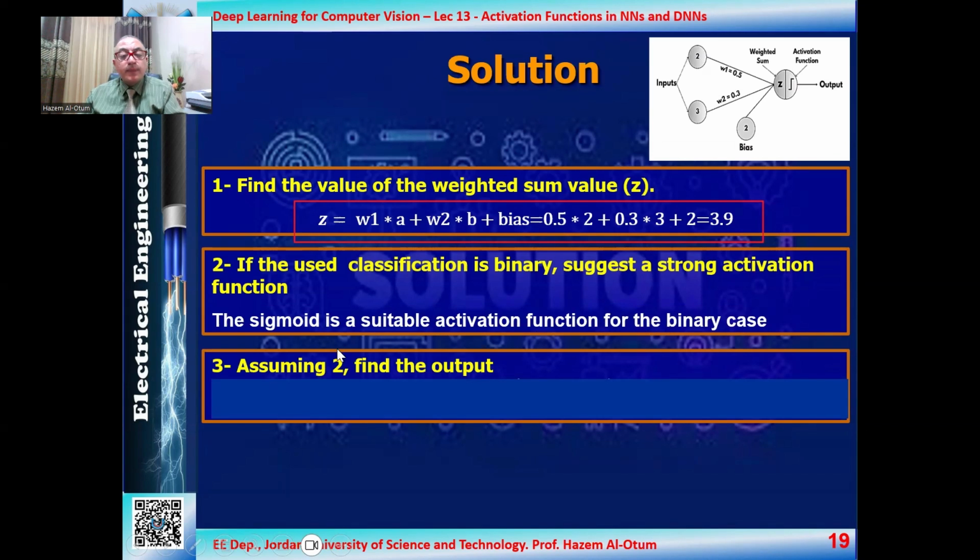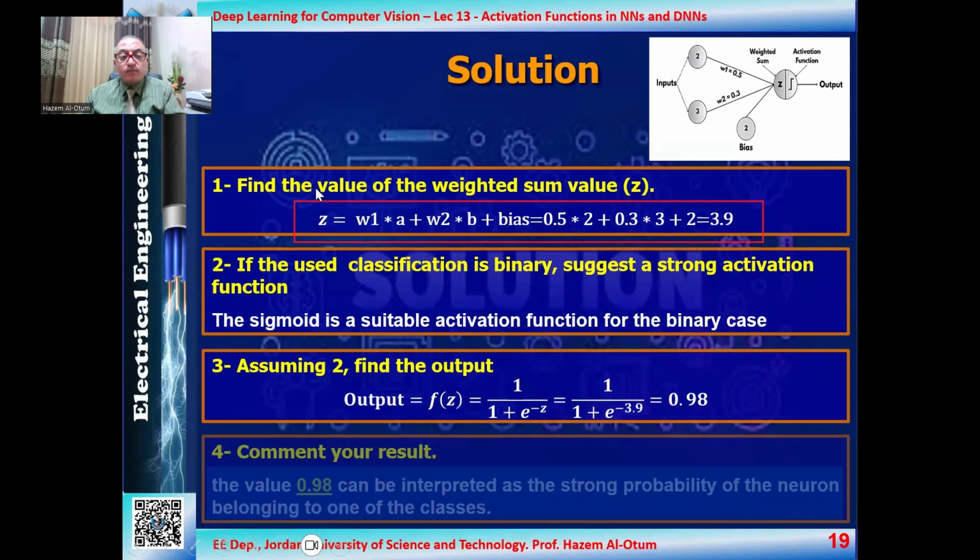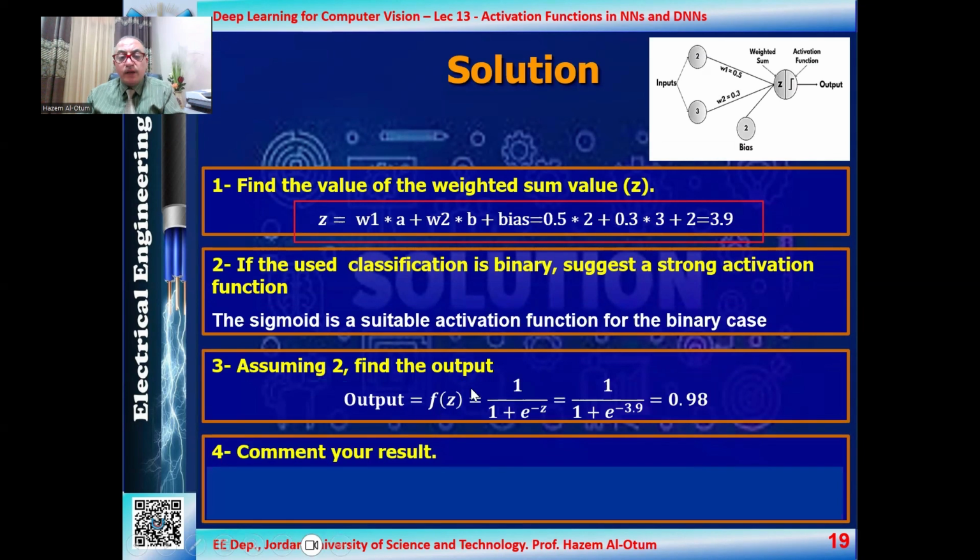Assuming that we have a sigmoid activation function and a binary classification task, let's find the output y in this case. The output will be f of z, which is 1 over 1 plus e to the power minus z. Z in this case is the result of part 1, which is 3.9. So we replace z by 3.9 and get a value of 0.98.